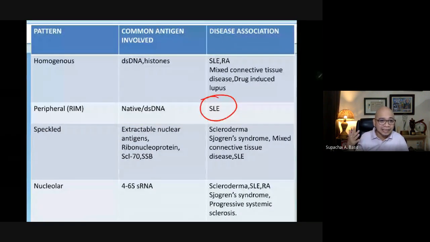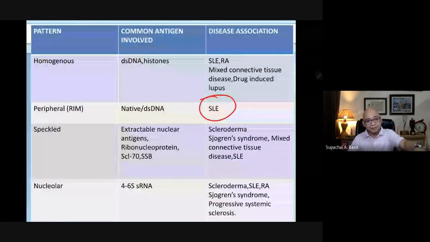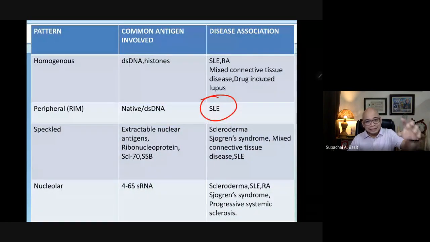This is an indicator for the presence of 4 to 6S RNA. The diseases associated are scleroderma, SLE, rheumatoid arthritis, Sjogren's syndrome, progressive systemic sclerosis.